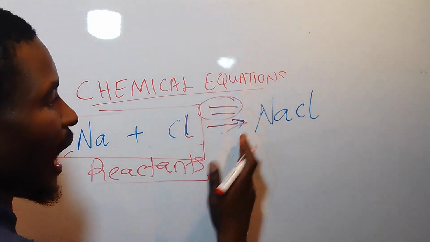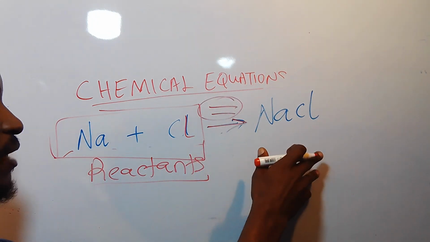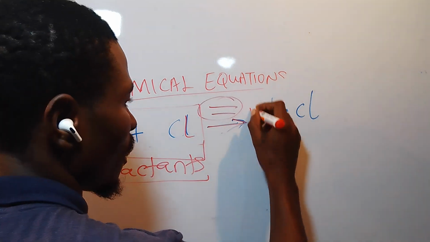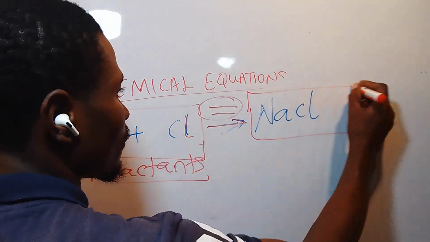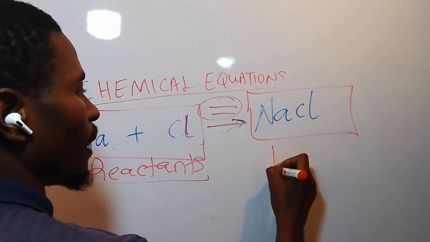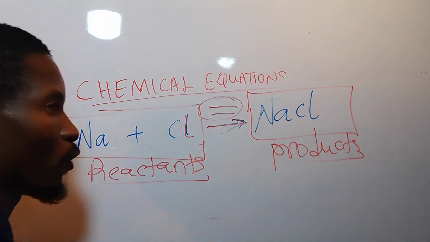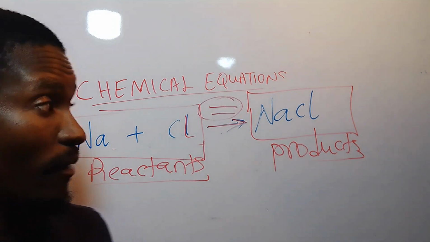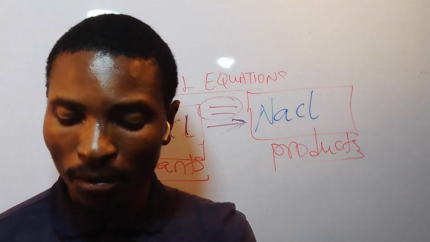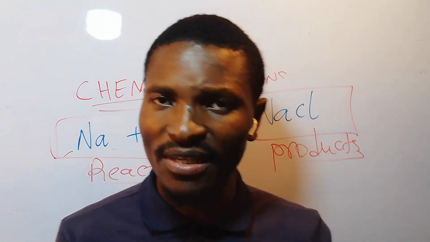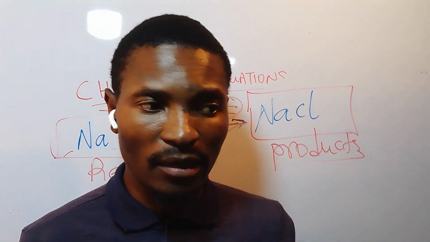And whatever is after the arrow, the forward arrow, or in the mathematical sense after the equal sign, is what you call the products. So this is an intro to how you can understand how to balance a chemical equation or chemical reaction.